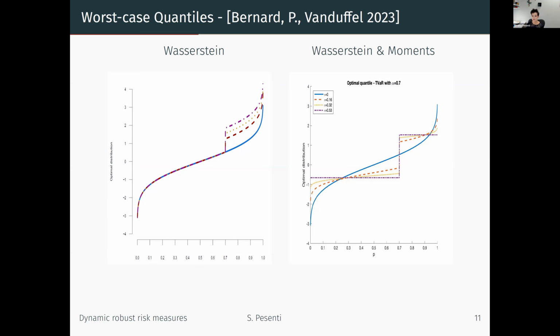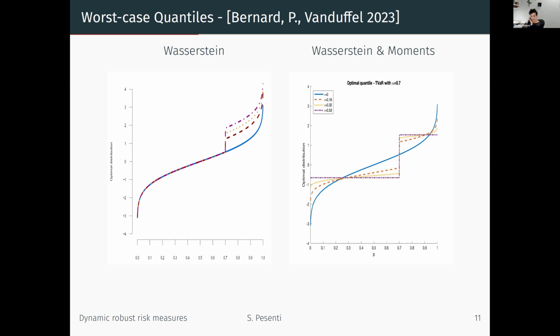On the right-hand side, what we have is the uncertainty set that includes the Wasserstein distance and the moments. So again, the blue one is the reference distribution, and then the red dashed line corresponds to the same epsilon of 0.16. And there we see it has quite a bit of the structure of the reference distribution, but it still has this jump which comes from the risk measure.